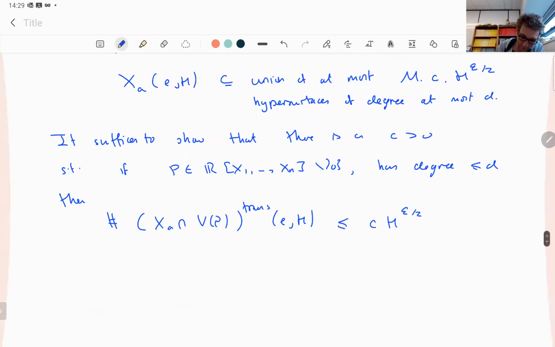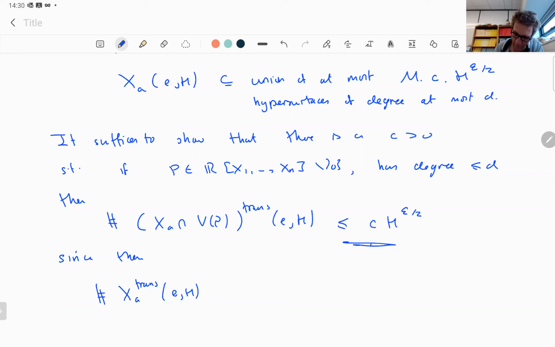Since if I can show this, then when I look at the whole thing, the transcendental part of this is going to be contained in, right, each of the points here is going to lie in some hypersurface like this.